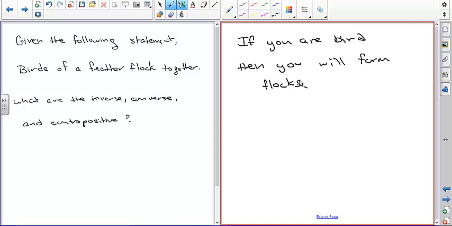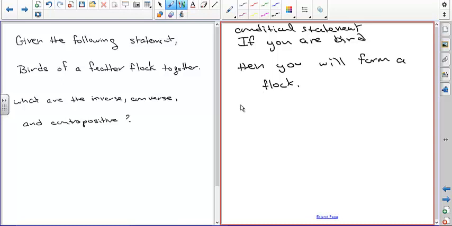So the P statement is you are a bird. The Q statement is you will form a flock. If you're a bird, you will form a flock with other birds. So that's the original conditional statement. I took the original statement, which wasn't an if-then statement, and created an if-then statement.